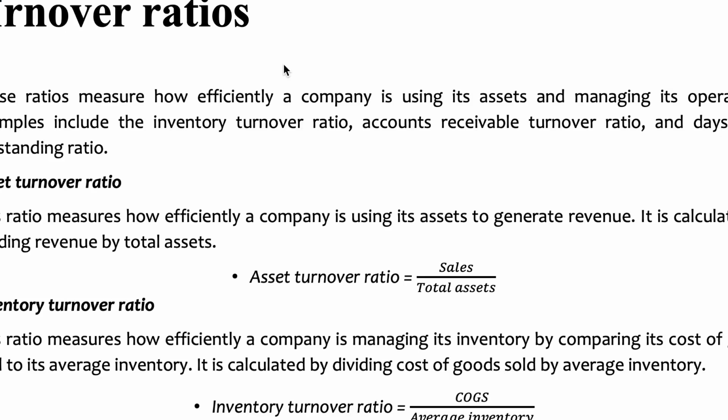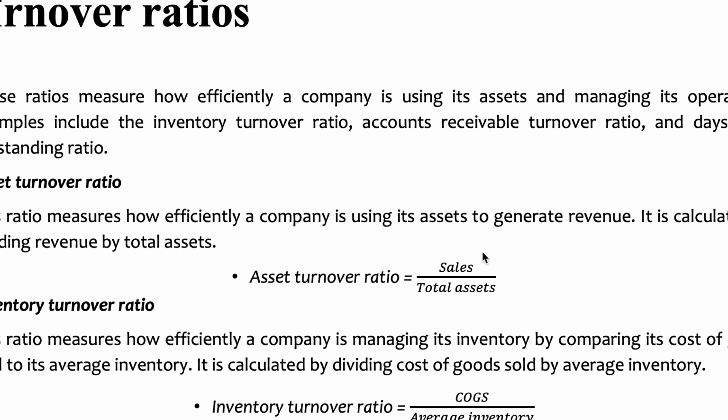The fourth one is the turnover ratio, which measures how efficient the company is using their assets to manage their operation. So they include inventory turnover ratio, account receivable turnover ratio, and the days sales outstanding ratio. The asset turnover ratio measures how efficiently the company is using their asset to generate revenue. We calculate it using sales divided by the total asset.